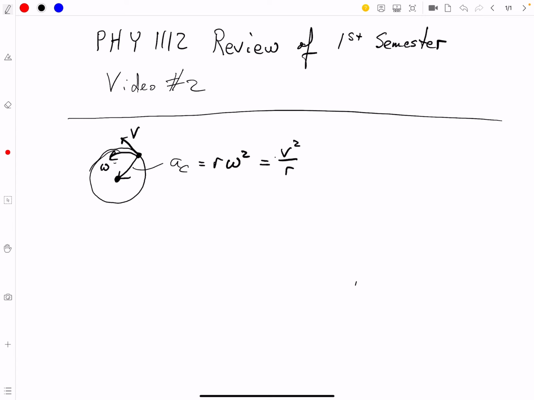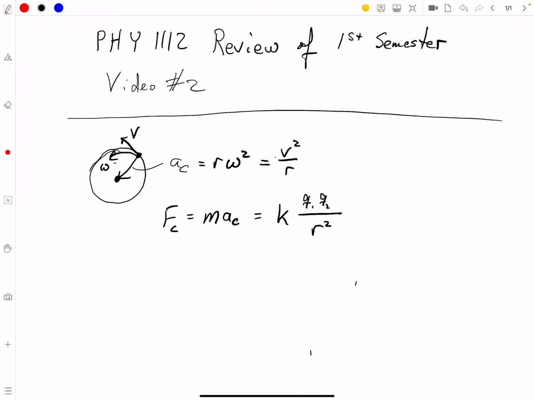And it turns out that the force is equal to m a_c, and that's a centripetal force. Let's call it force centripetal. Well, now that we are adding in electromagnetics, we've got a force that's electromagnetic. So we've got a charge and another charge, and then the radius between them.